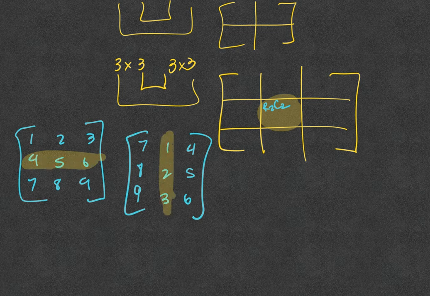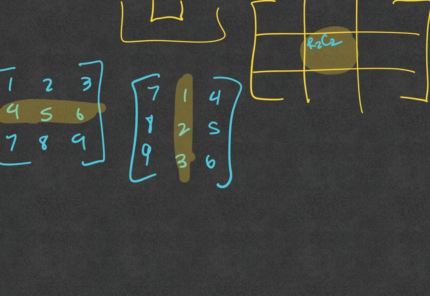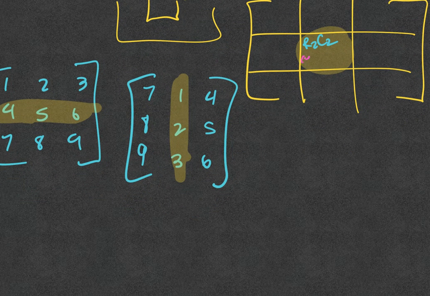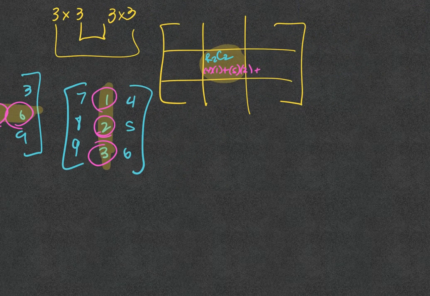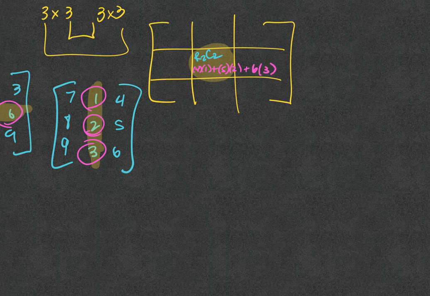And then I multiply them in pairs and then add them together at the end. So this would be 4 times 1, because it's first and first. Then plus 5 times 2. Then plus 6 times 3. And then I would do 4 plus 10 plus 18, or 14 plus 18, which is 32.